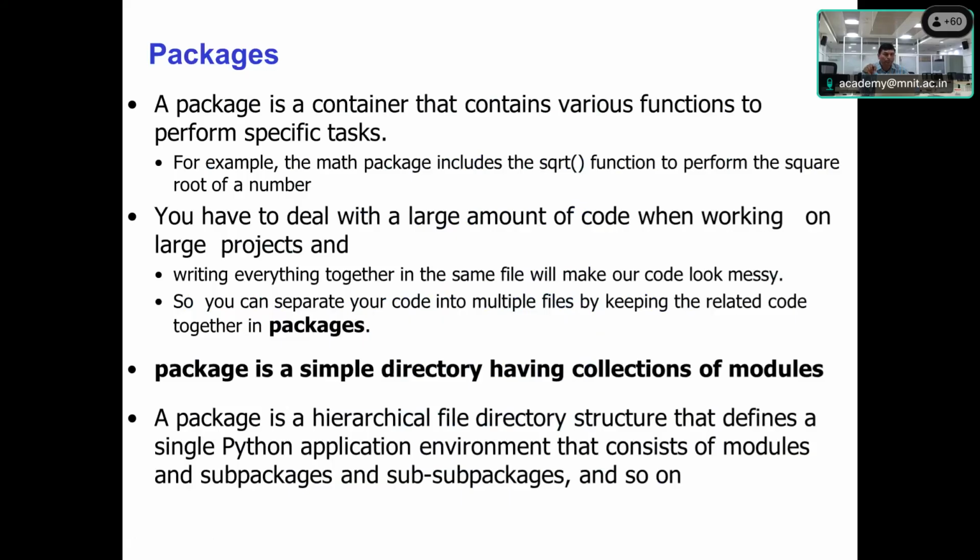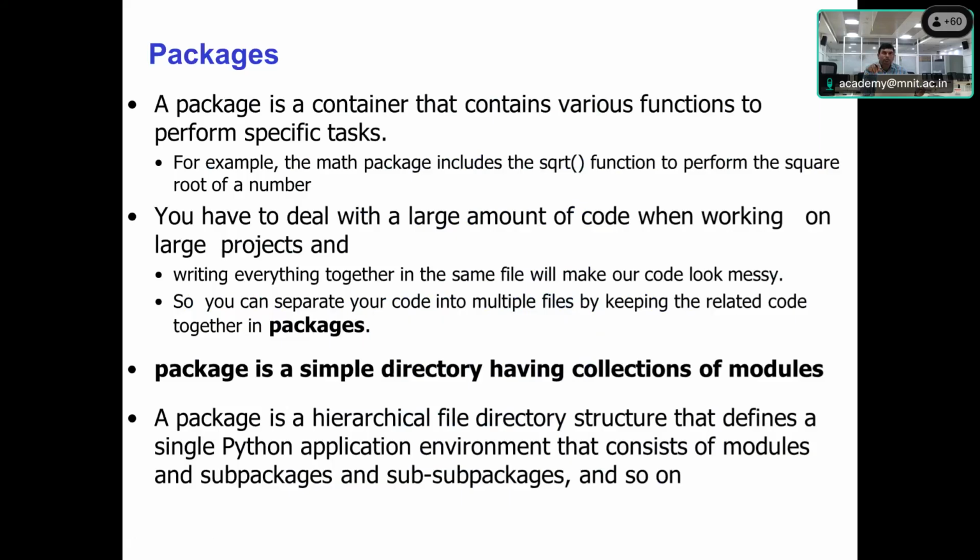So we have to deal with a large amount of code when we are working on a larger project. In that case, writing everything in the same file, in the same directory structure, will be a difficult and messy task. So we are required to separate our code, it means our modules, into multiple files and keep those related files and modules in a package.